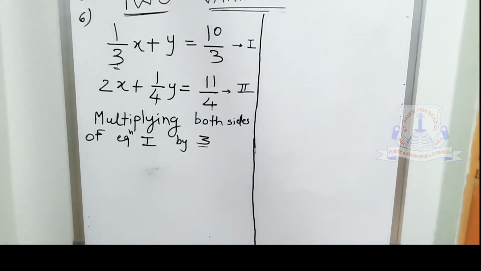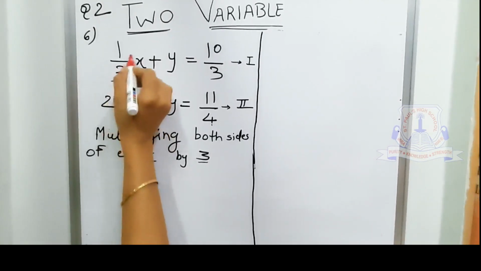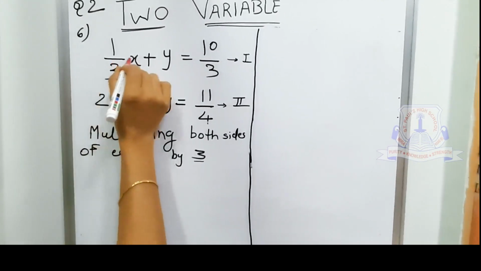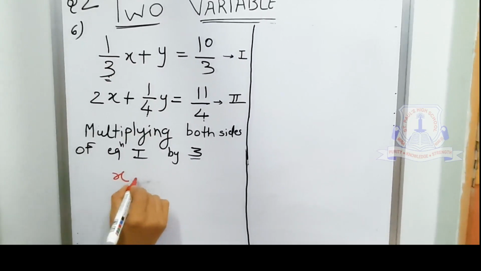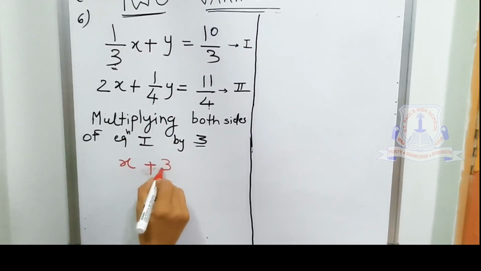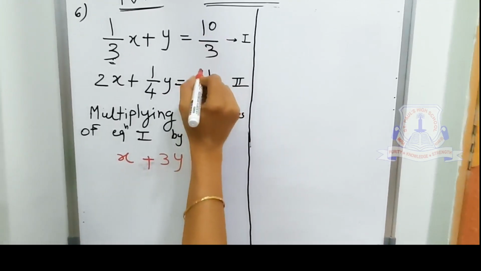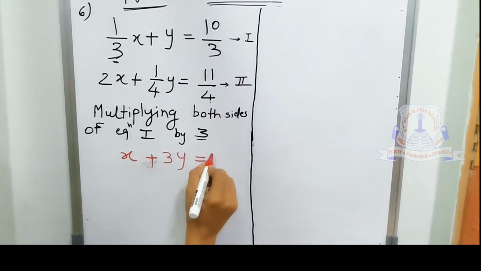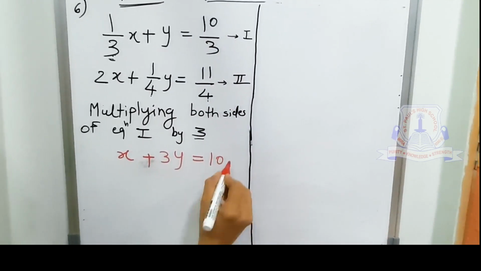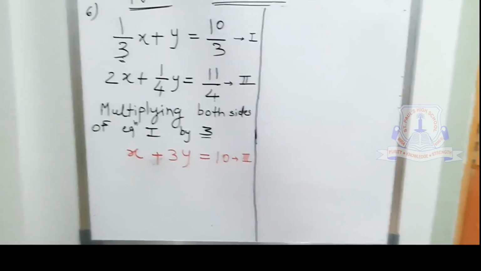If I multiply this 1 upon 3 by x, 3 will get cancelled and I will get only x, plus here also I have to multiply by 3, so 3y equal to 10 upon 3 is multiplied by 3, so I will get only 10. This is equation number 3.